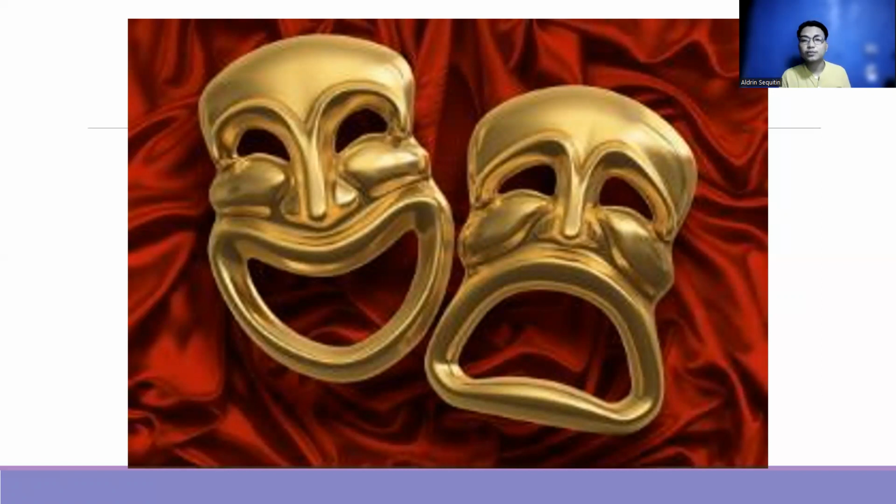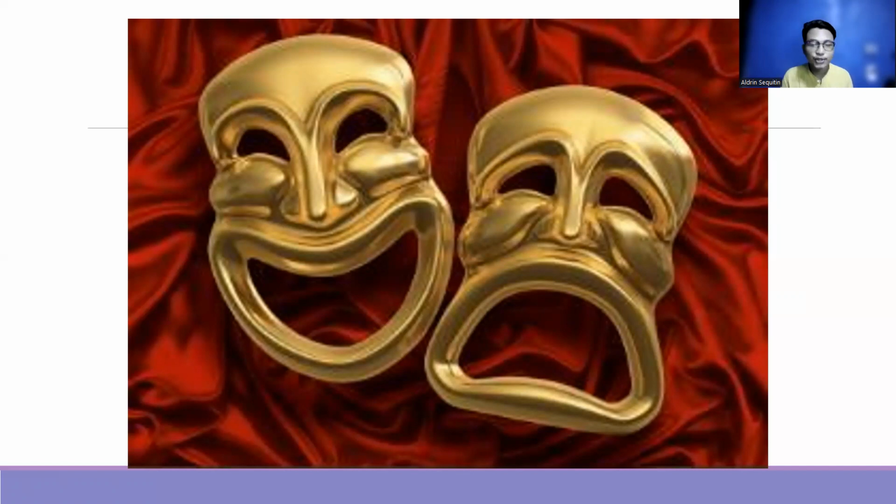Also, masks were used to show emotions, since if you were sitting at the very far end of the theater, you might not see the real facial expressions of the actors. So they used masks to portray the emotions of that character in a specific scene or event.